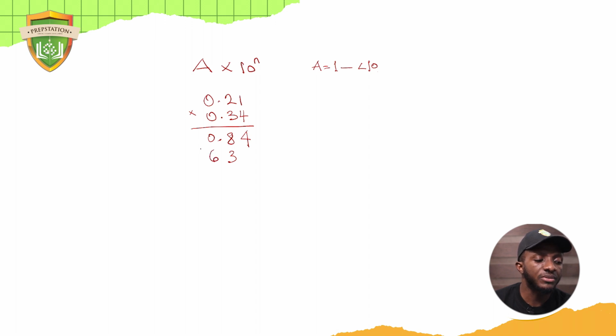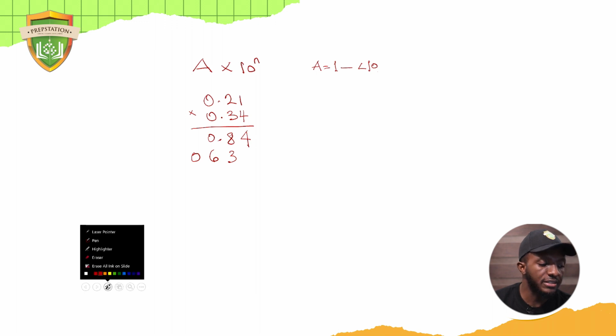And 3 times 0 is 0. So what we're going to do is ignore the decimal point. Here I have written the decimal point, but I shouldn't have. So just take off the decimal point. That's a very fast way of doing it.